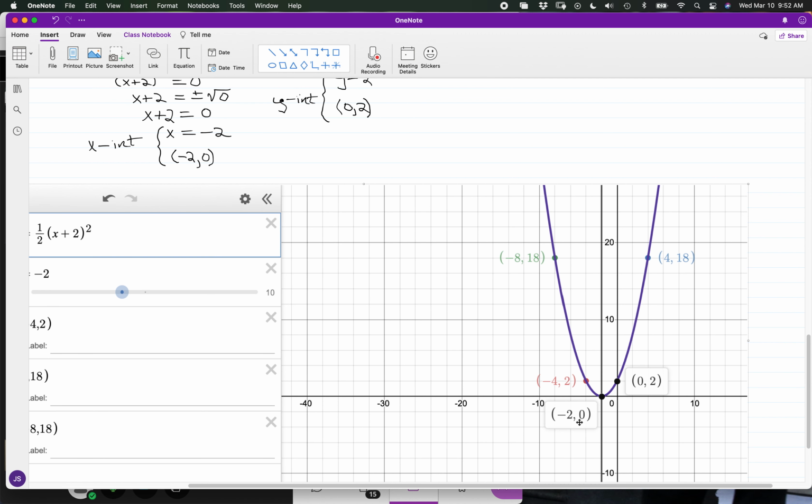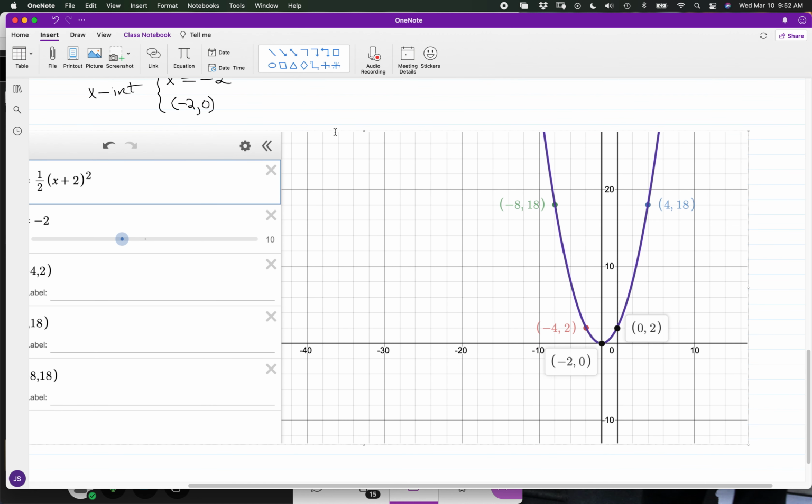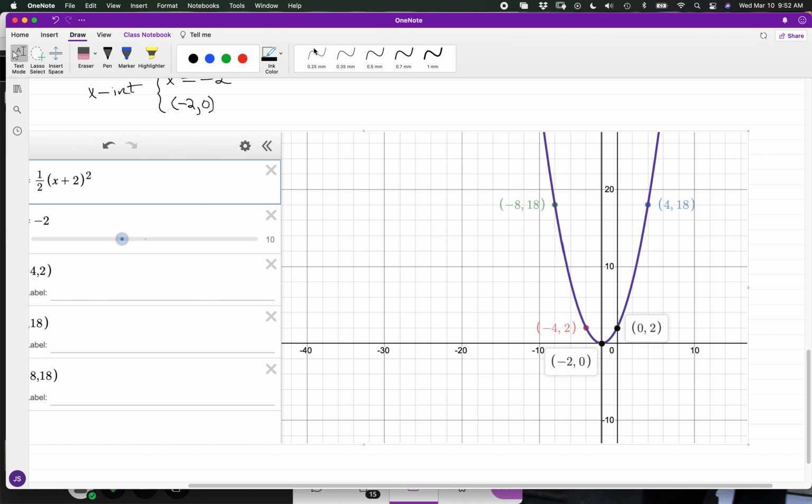So again, you have the vertex at -2, 0, and the graph opens upward from that location. And again, just for the activity, you have your axis of symmetry. So you have x equal to -2.